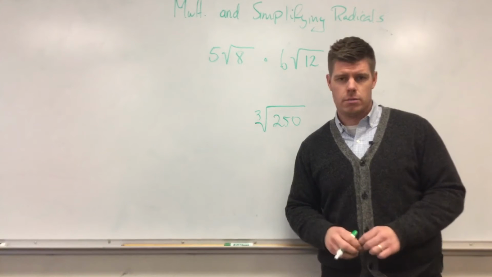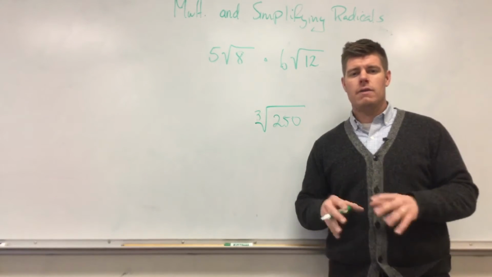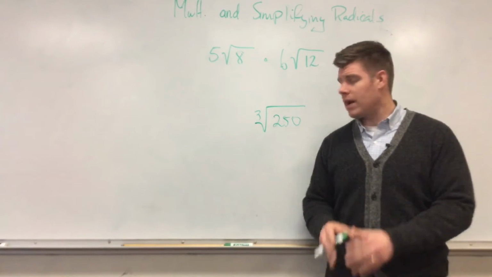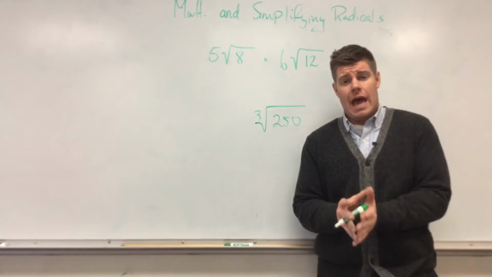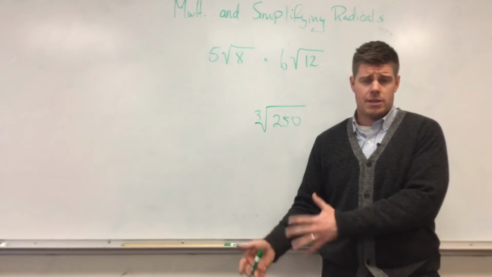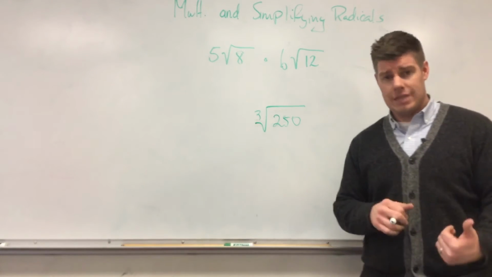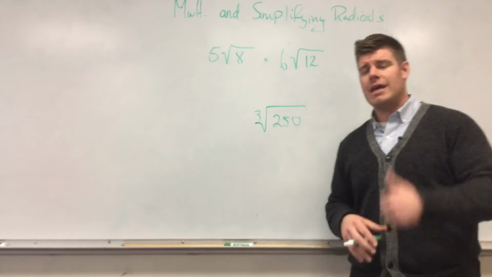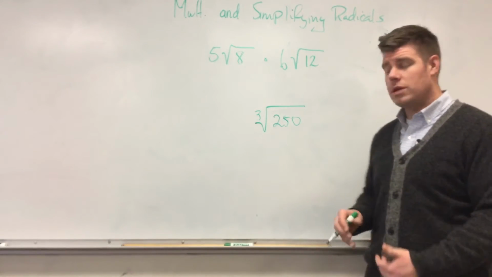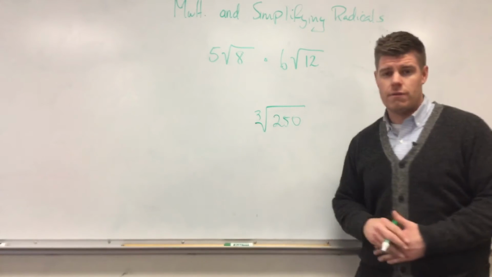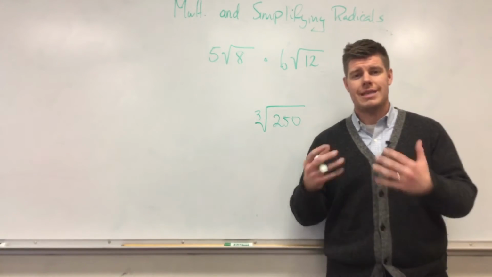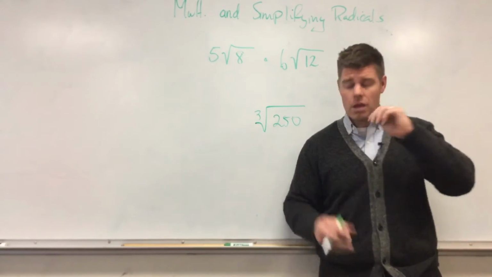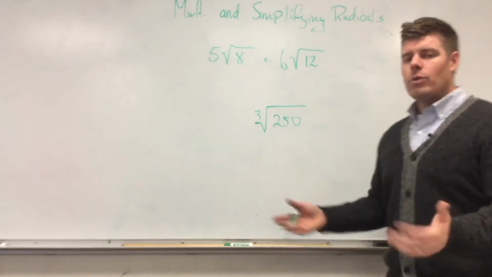There is no number in this world that will exactly multiply together to make 250. You could estimate a number multiplied by itself 3 times and get near 250, but you will never be able to get a decimal that multiplies to 250, because the decimal you would need is an irrational number.